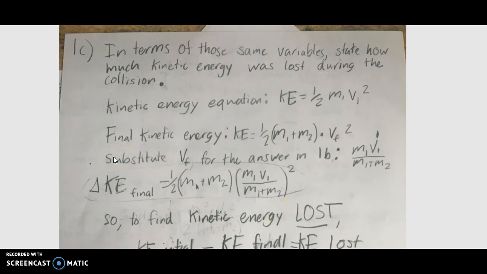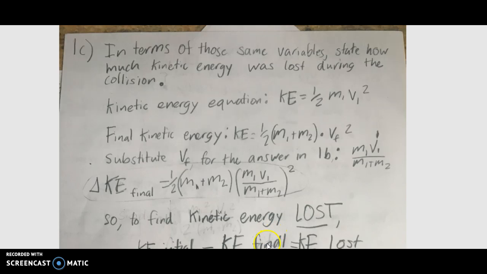Remember, what we found in 1b is that vf is equal to m1 times v1 over m1 plus m2. So our final kinetic energy is going to equal 1/2 m1 plus m2 times m1 times v1 over m1 plus m2, squared.